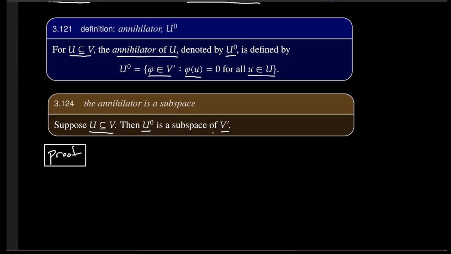U0 is a subspace of V prime, not V. Talking too quick. So by definition, all we have to do to show that this is a subspace is show that it's a vector space in its own right. All right, we need to only show three things.